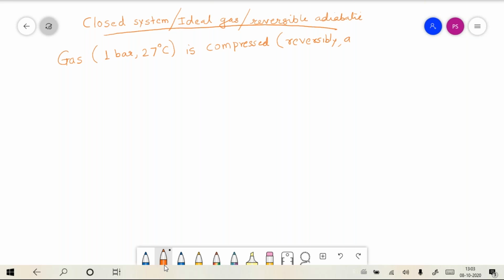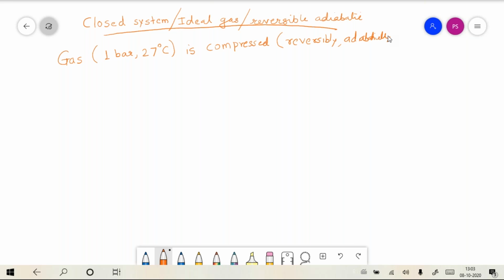What you need to find out is the work transfer during compression and the entropy change. You can also find out, for example, the enthalpy change. So this is the question.